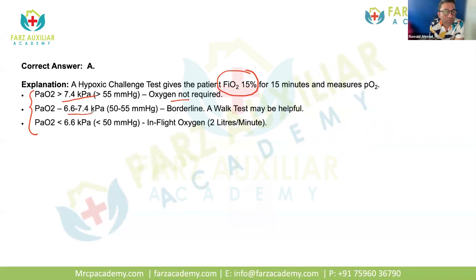If it is 6.6 to 7.4, it is borderline, then you should do a 6-minute walk test after this. And PaO2 less than 6.6, then in-flight oxygen is required. So please memorize this as well. You will either know this or you won't know the answer to this question, so you have to just memorize the results of the hypoxic challenge test.